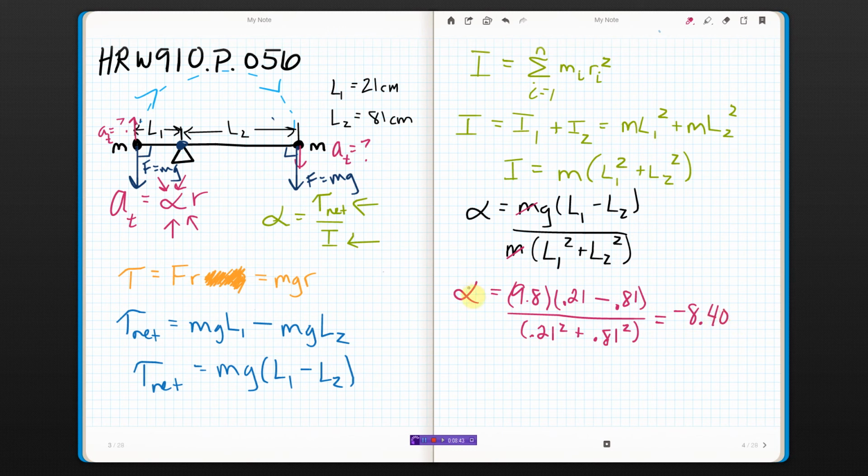And that's angular acceleration, so it's radians per second squared. Just to note it, why is it negative? Because that means that it's going to accelerate in the counterclockwise direction, which is this way, and that's the way we thought it would go, so we're good.